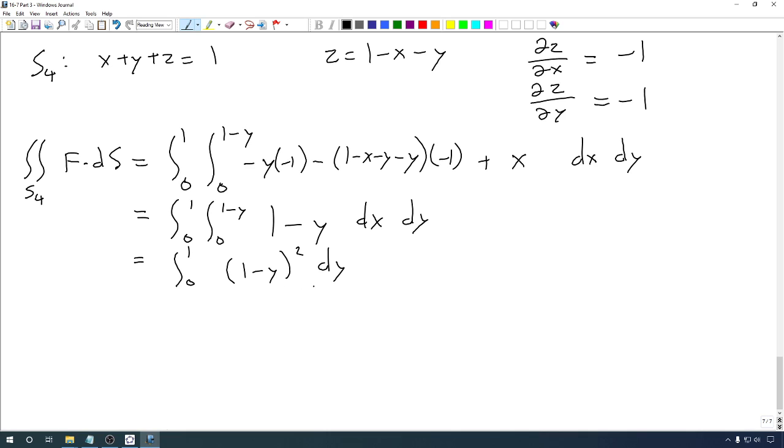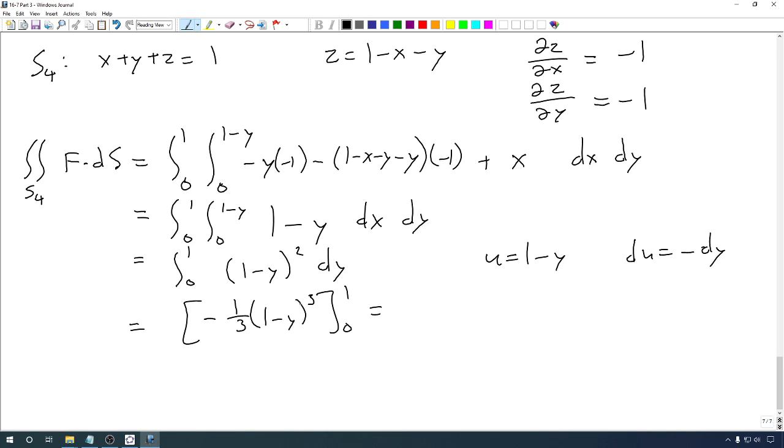We could expand this out and do the integration from 0 to 1 that way, or by a simple substitution like u equals 1 minus y, we can treat this as u squared and get a 1/3 u cubed, or really just a 1/3 (1 minus y) cubed. The only thing to pay attention to there is that when we differentiate this, we do get a negative, so we end up having to put a minus sign there. And we evaluate that from 0 to 1.